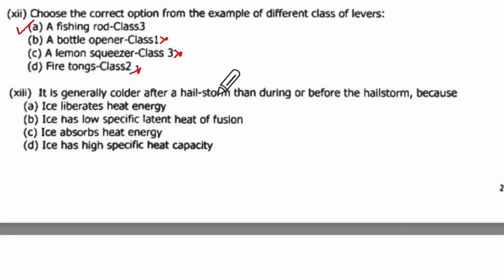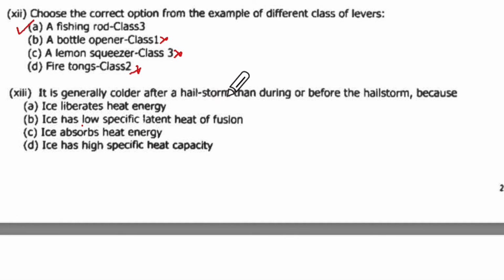It's generally colder after the hailstorm than during or before the hailstorm because ice liberates heat energy. Low, it is specific, no, it has high specific latent heat of fusion. Ice absorbs heat energy. Ice has a high specific heat capacity, no. Water has high SHC.